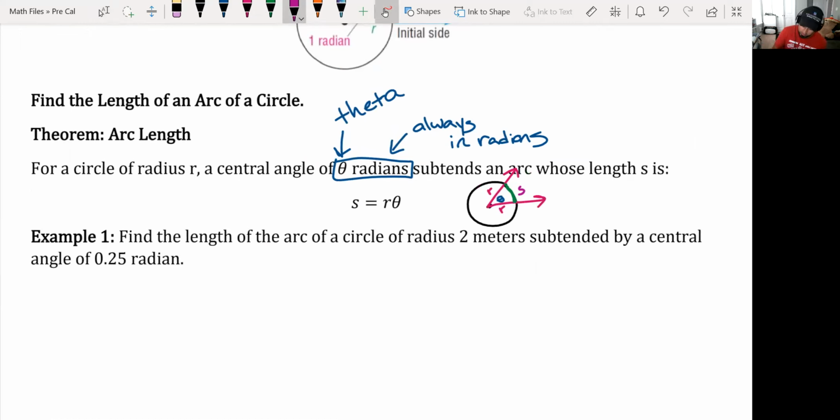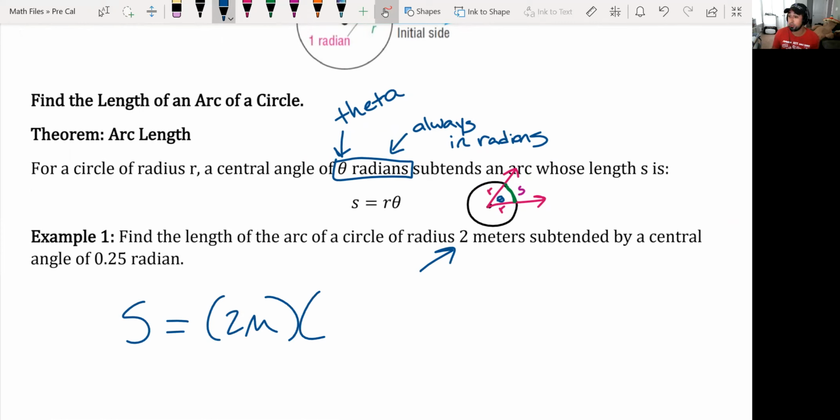So fair enough, we get S equals, and our radius is 2. So you'll have 2 meters times the value of theta. So it says a central angle of 0.25 radian. That is our theta.